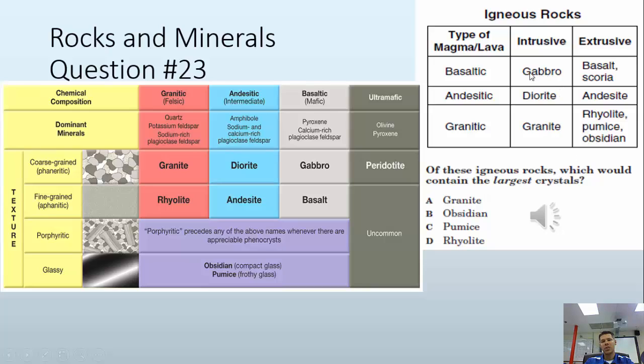So what we've got to do is choose from the intrusive group. And luckily, our choice is simple. A, granite. The other three are all extrusive igneous rocks. So granite is the only intrusive phaneritic igneous rock that has crystal development. So our answer is A.